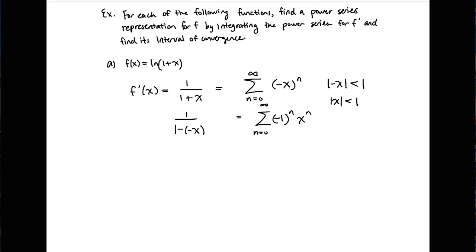Now I'm going to write out my terms. It starts off positive with 1, and then it goes minus x plus x squared minus x cubed plus x to the fourth. So it looks like even terms are positive and odd terms are negative.